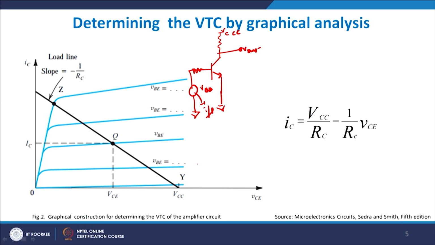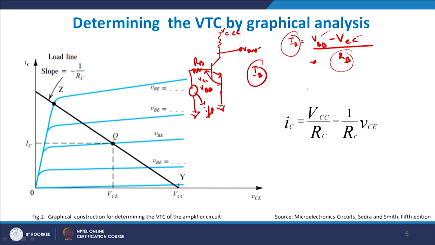Because of this VBB, I will have a base current IB, formed by VBB minus VBE, let us say. So, we write IB equals this divided by RB, where RB is the base resistance here. You put the value of VBB, the value of VBE, and the value of RB, and you get IB.